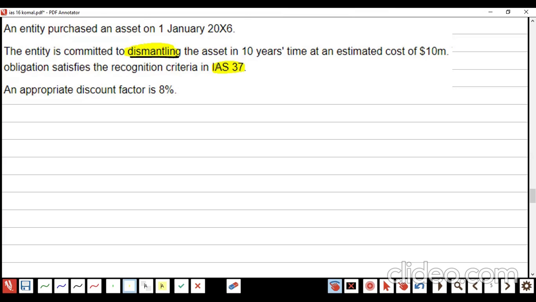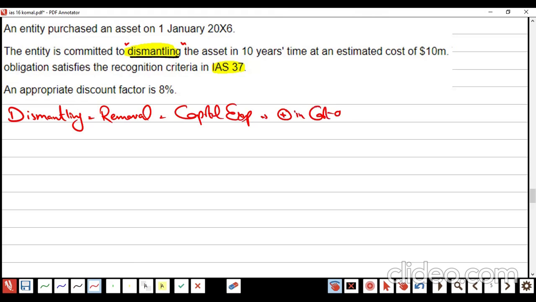What we learned here in IAS 16 remains the same when we discuss IAS 37. What we know is that dismantling or removal is a capital expense that needs to be added to the cost of the non-current asset.